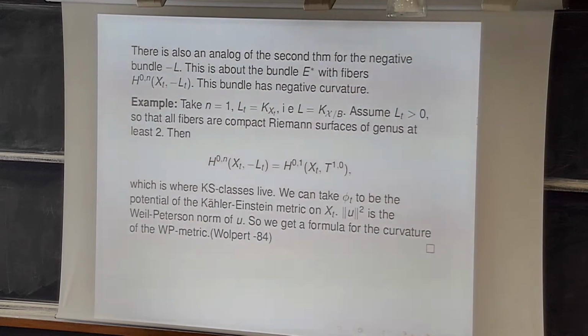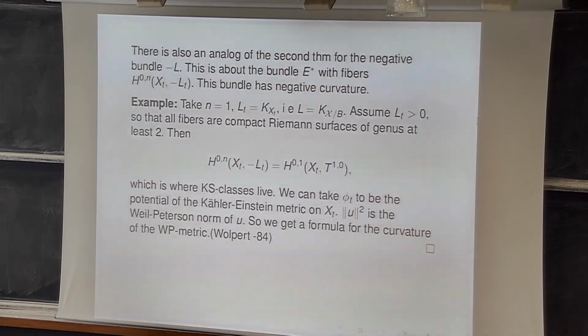So let's look at an example of that. What's that supposed to say? Well, one thing is we can look at the simplest case, which is when the fiber dimension, the relative dimension, is equal to 1. And then we can take L to be the canonical bundle on each fiber, which just means that L is the relative canonical bundle.